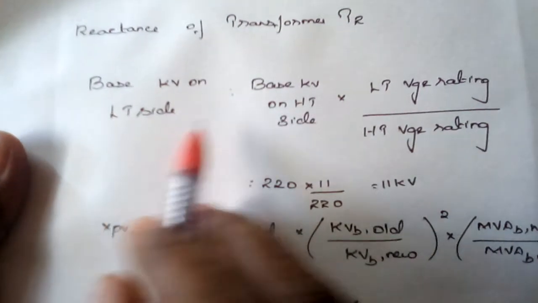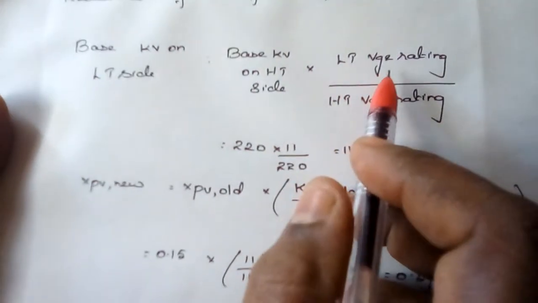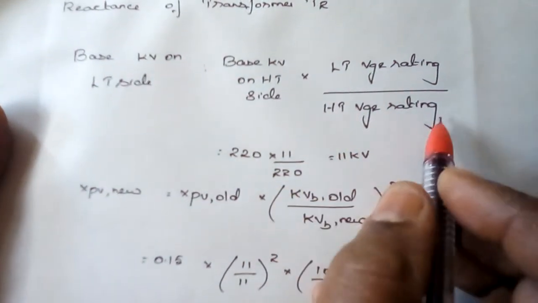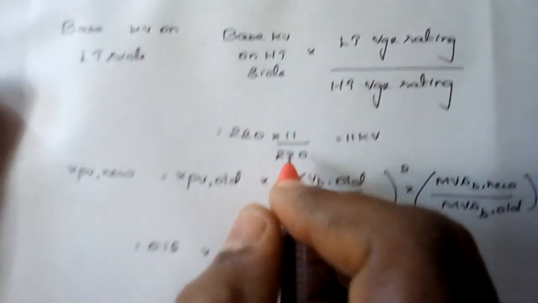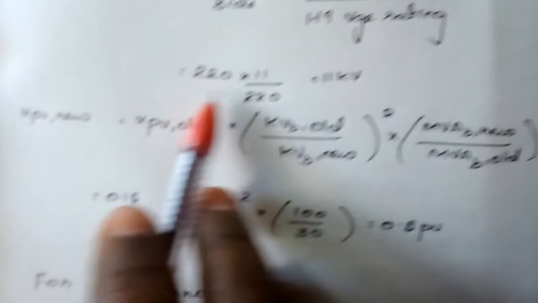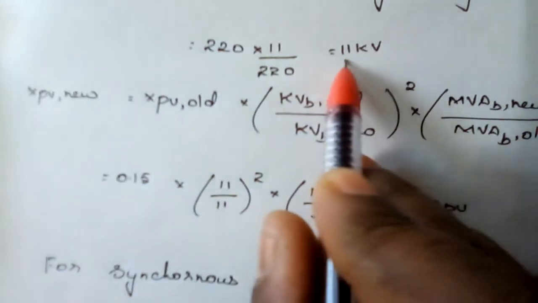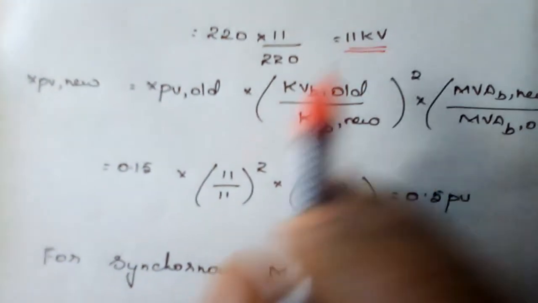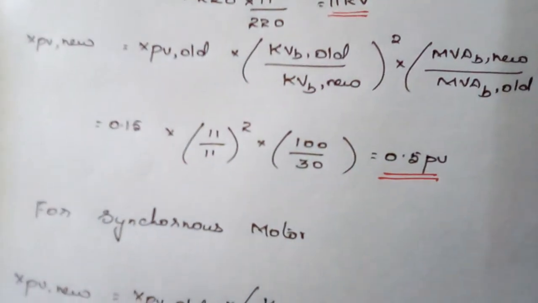The formula is base kV on the HT side into LT voltage rating divided by HT voltage rating. In the transformer, the voltage proportions are given as 11 by 220 kV. So I am taking the low voltage as 11 and high voltage as 220 and obtaining the voltage as 11 kilovolt. Substituting this, I get the per unit value as 0.5 per unit, right?